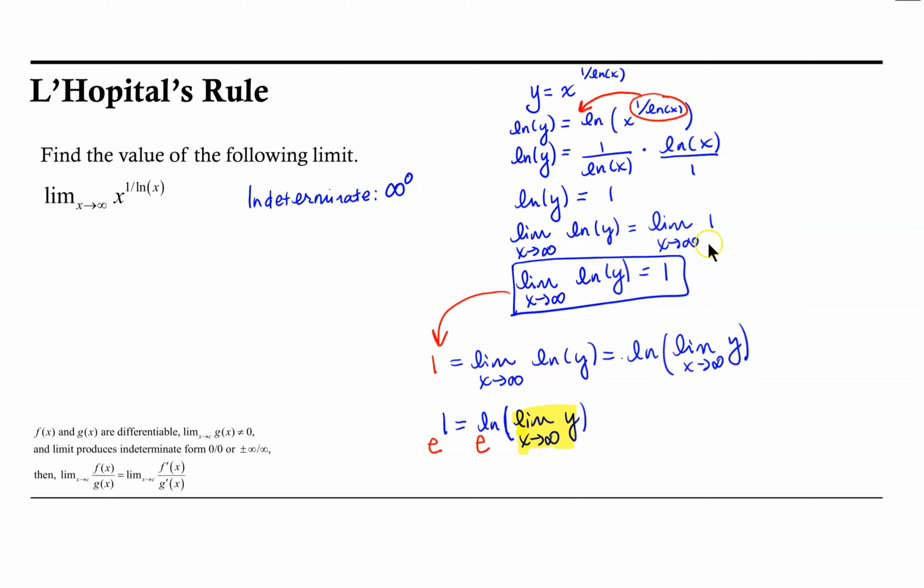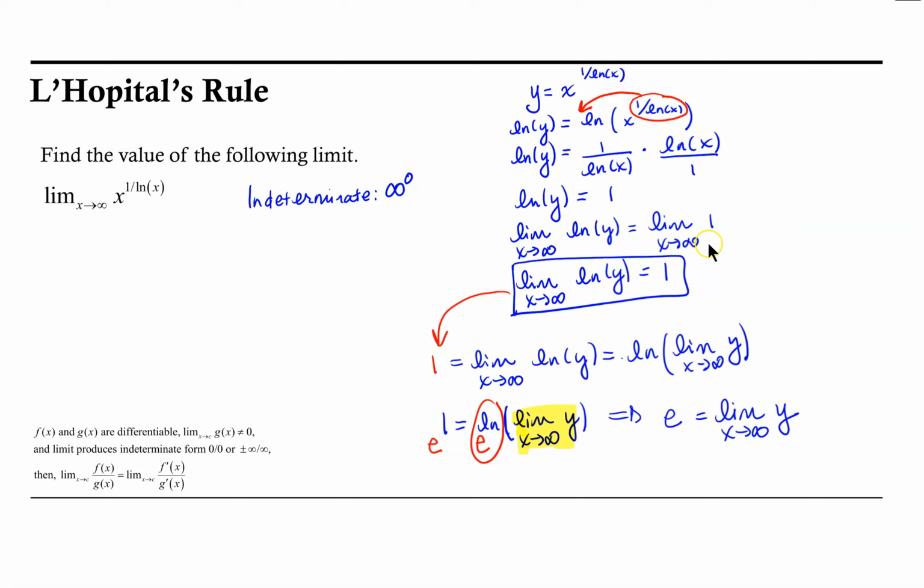So e to the first power is equal to e to the natural log of the limit as x approaches infinity of y. And so what that ends up giving us is e on the left-hand side of the equation. And now because the exponential function and the logarithmic function, base e, are inverse functions, the right-hand side of my equation simply is the limit as x approaches infinity of y.